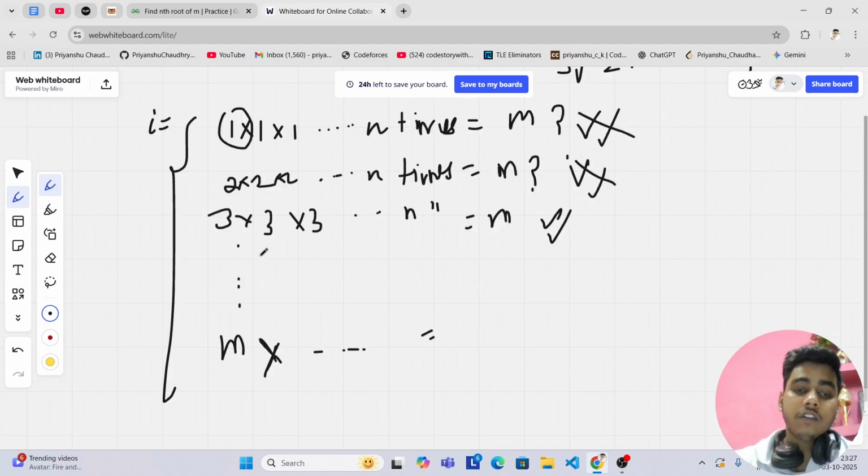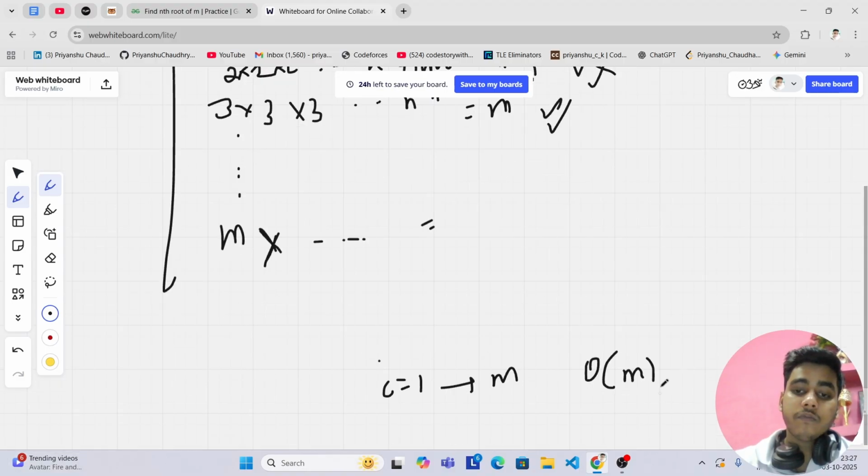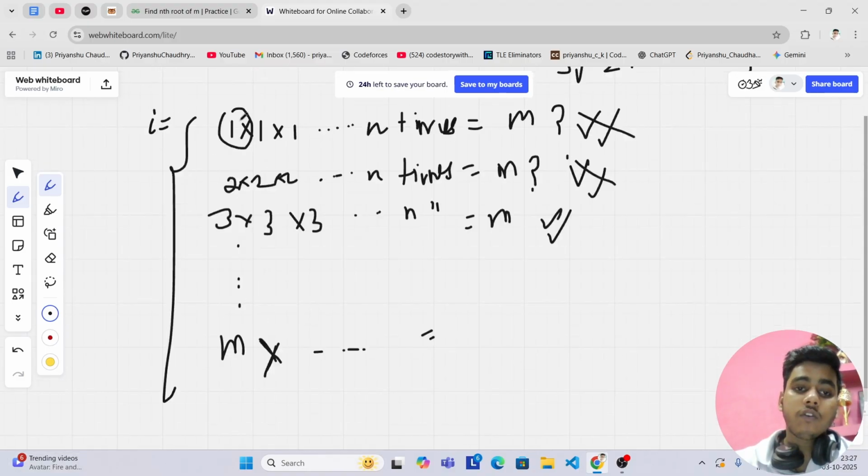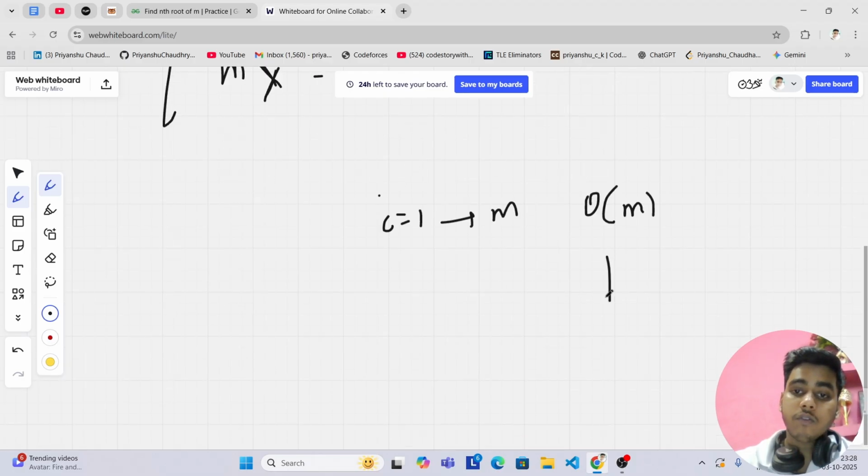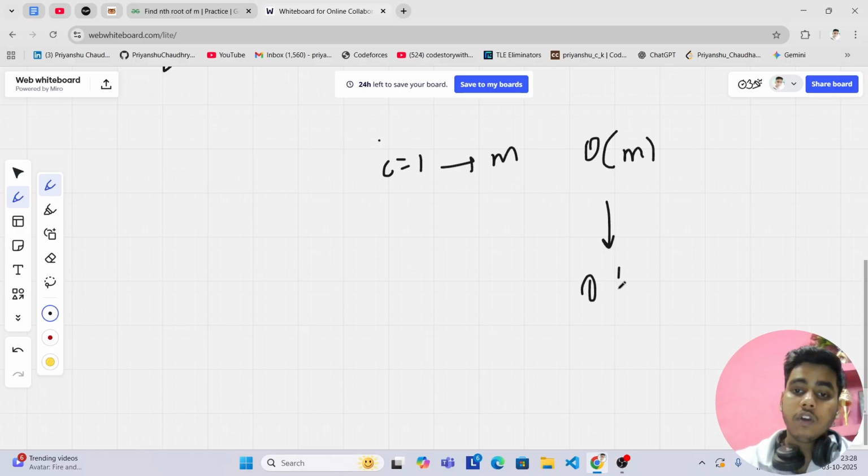So why can't we, instead of doing a linear algorithm, use binary search? Instead of starting from one, we can apply binary search, and this way we can reduce our complexity from big O of m to big O of log m.